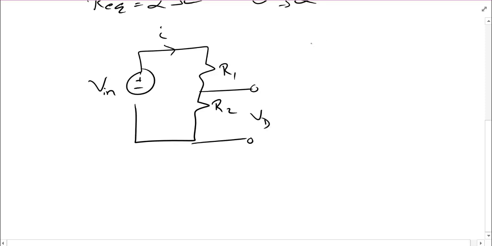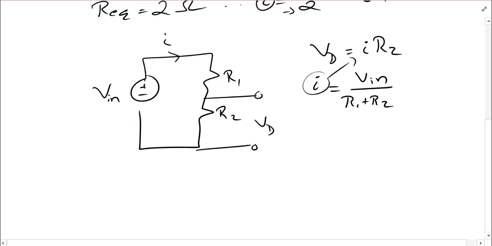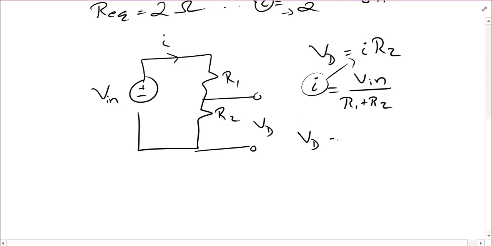From a similar analysis, again using Ohm's law, we know that VD must be I times R2. I, in the exact same way above, is going to equal our Vin divided by the sum of our resistors, R1 plus R2. So, subbing this back in there, what I end up with is VD is equal to Vin times R2 over R1 plus R2.